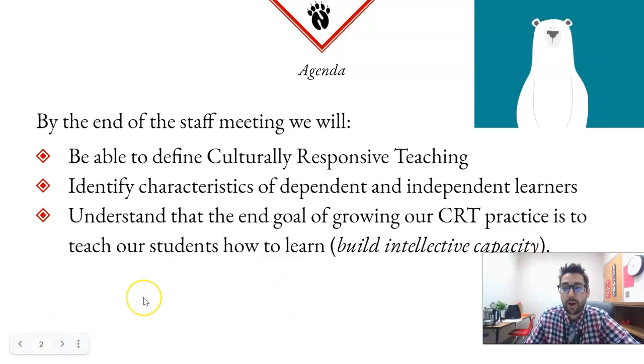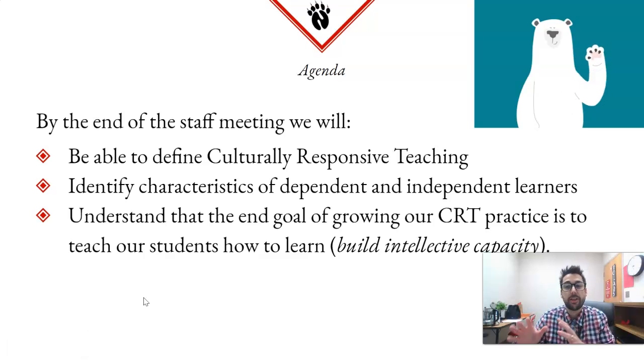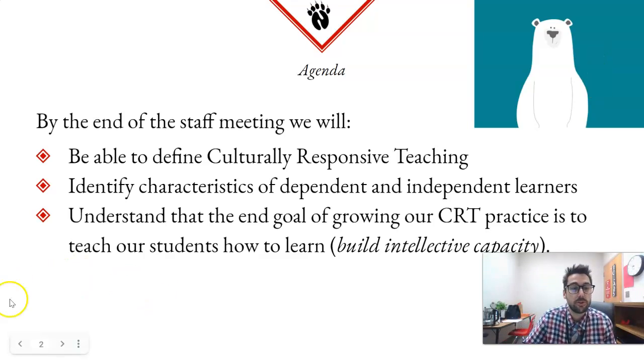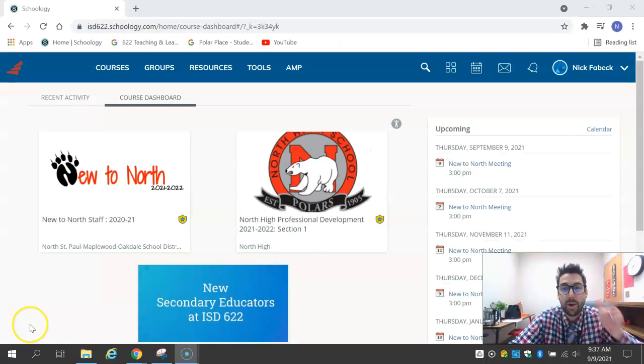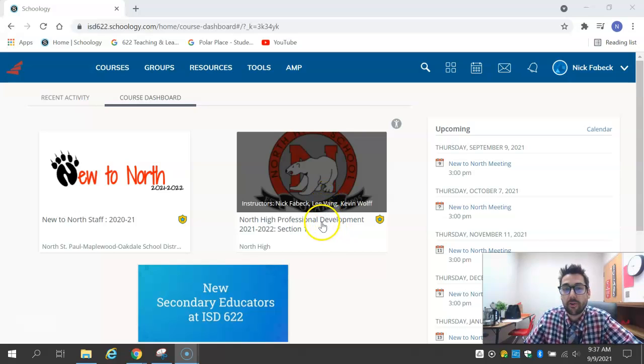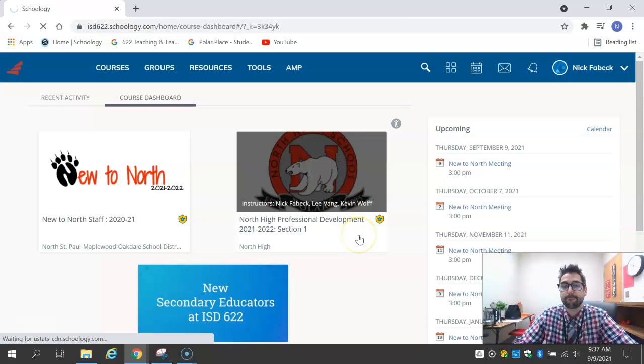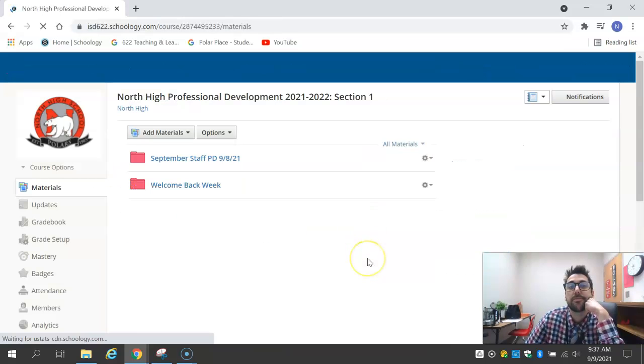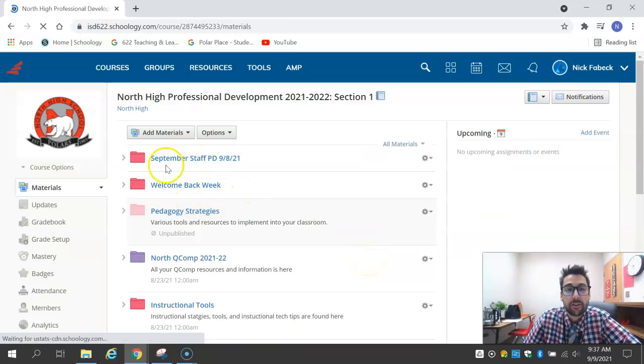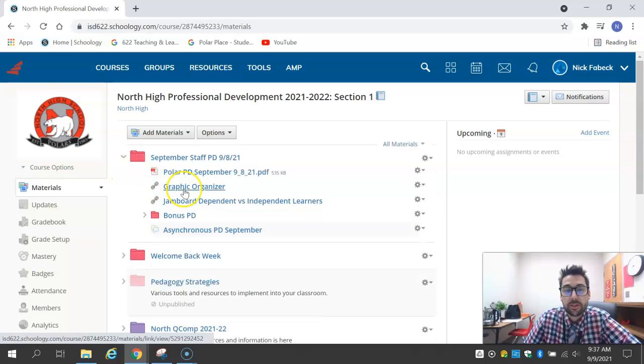I'm just going to pause and show you really quick. We've got a few tools that we used, and I'll highlight where to find things on our Schoology board. On our Schoology page, you'll see our North High Professional Development. In our September folder, you'll see a thing called Graphic Organizer.